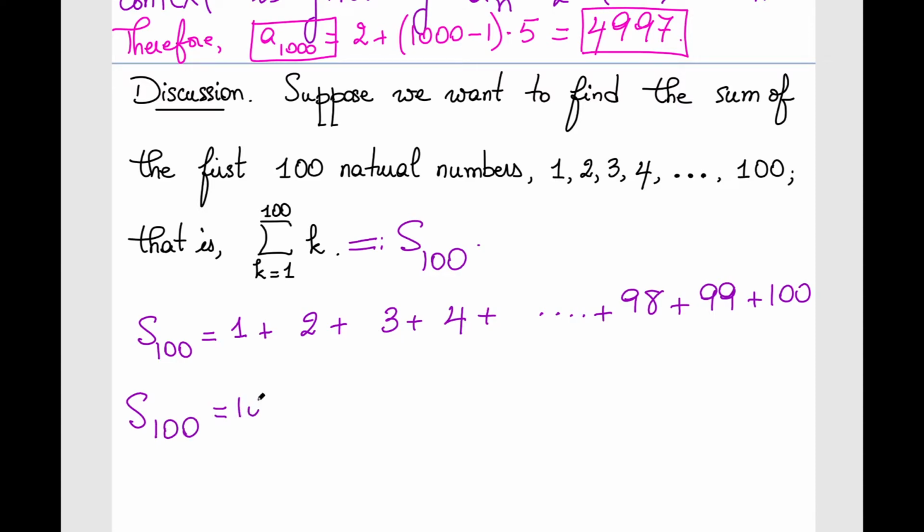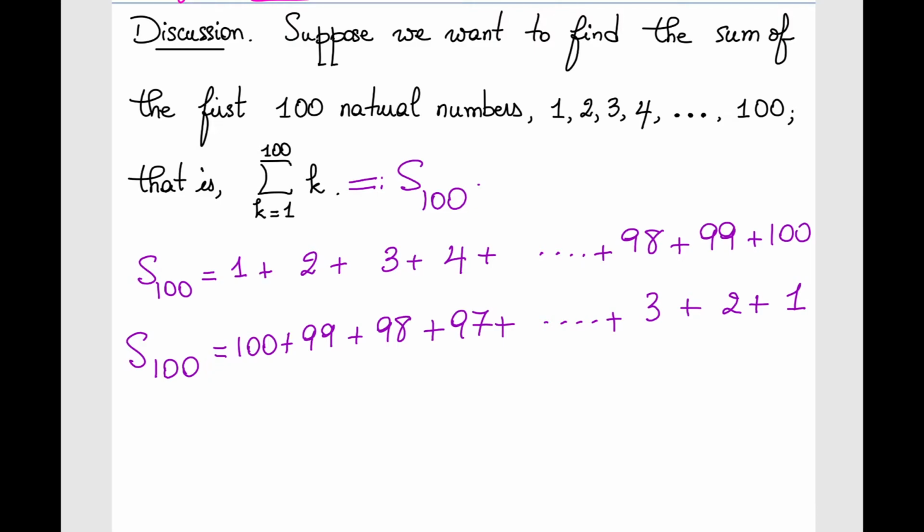You're going to get 100 plus 99 plus 98 plus 97 all the way to 3, 2, 1, correct? How about now we add these two? By adding, I mean I'm adding both sides of these equations. What do we get?